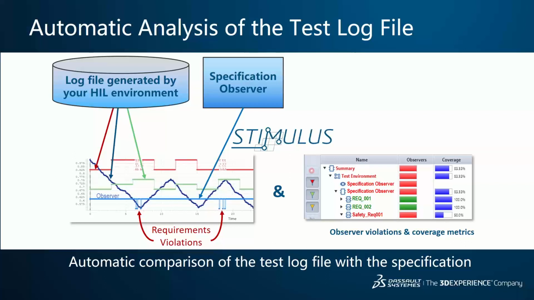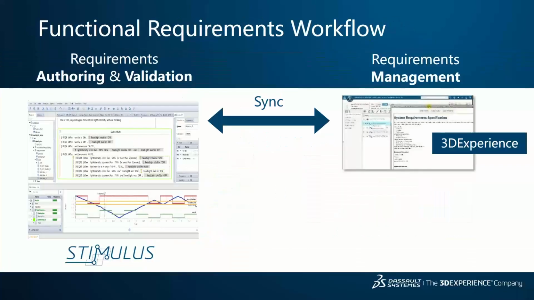Therefore, if you give the inputs and outputs that happened during the test, Stimulus can tell you if any of the requirements has been violated. So it's a post-test analysis of the log file. This is very effective. That's actually a very difficult task.